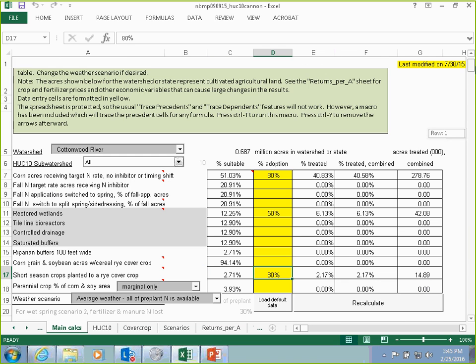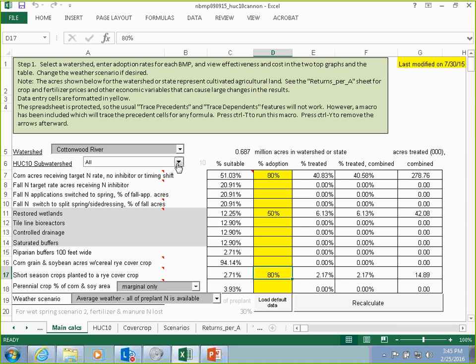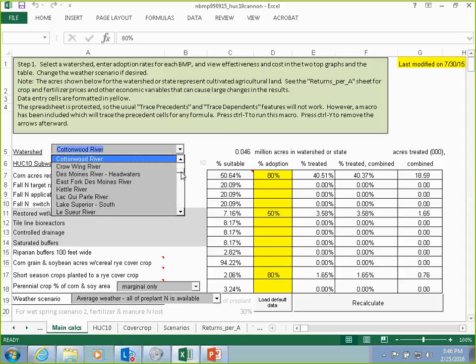But you can also change, let's say we wanted to look at a HUC 10. You can take the Cottonwood and pick one of the HUC 10s and run the scenarios for the HUC 10 watersheds, the sub-watersheds within the Cottonwood River. Or, what we used a lot for the nutrient reduction strategy was the major basins.